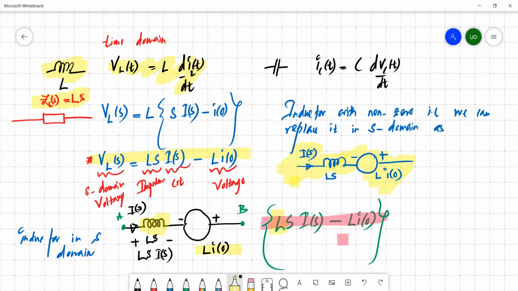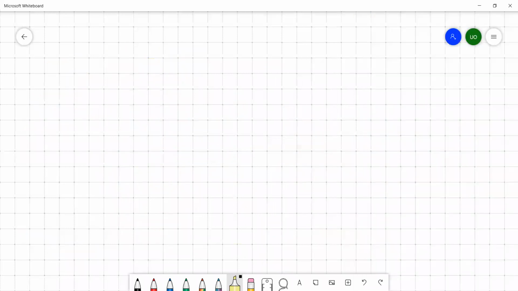So then, if you replace it with a capacitor, so let's have a capacitor. So then we know that this is the equation.